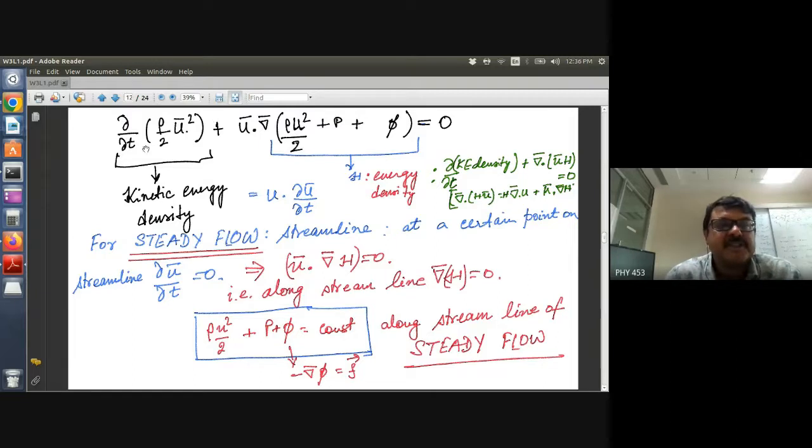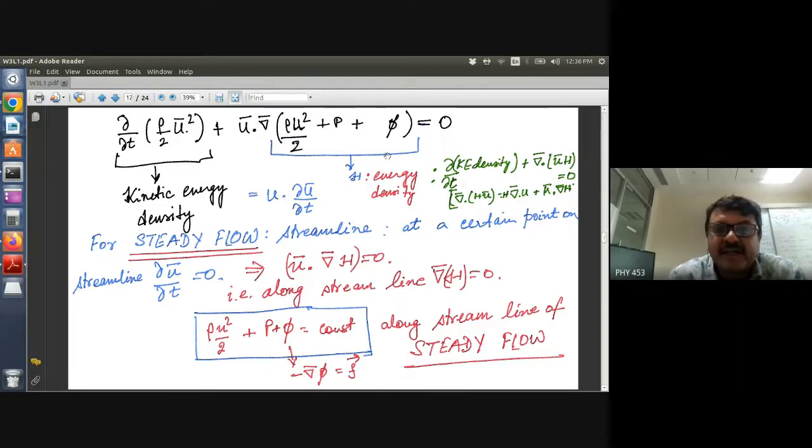So what it says is, if there is a time dependence, then that is related. This is the kinetic energy density, and how does it change as a function of time? It changes as u dot grad of this quantity.